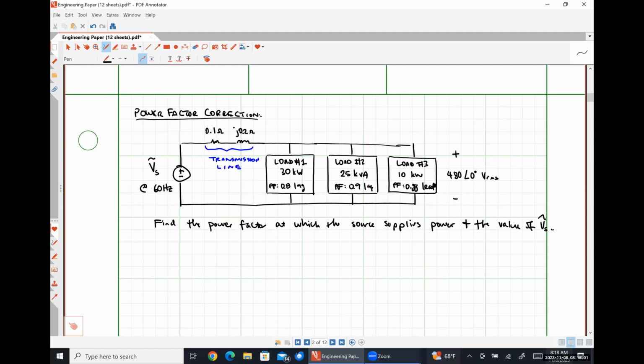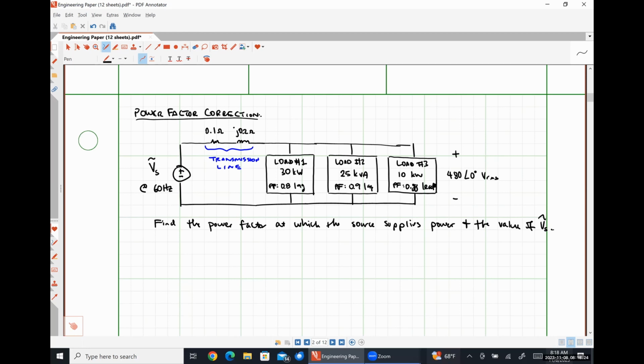So we would need the complex power absorbed by load 1, load 2, load 3, and our transmission line network, add all those together, and whatever that makes is what the source has to be supplying. Seems like a reasonable argument. And that is the exact approach that we're going to take.